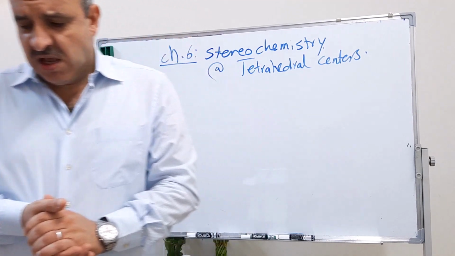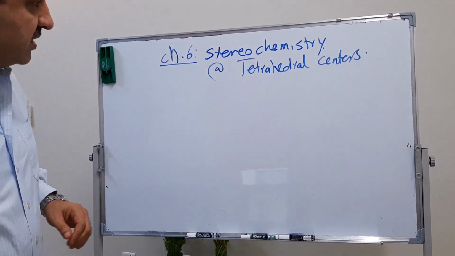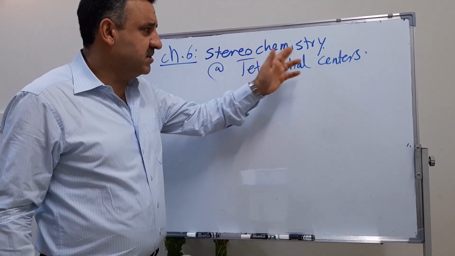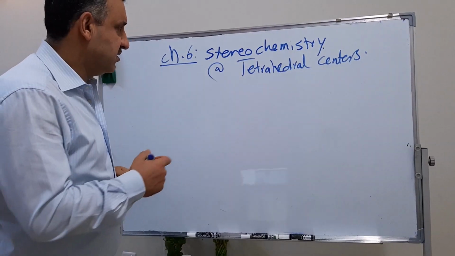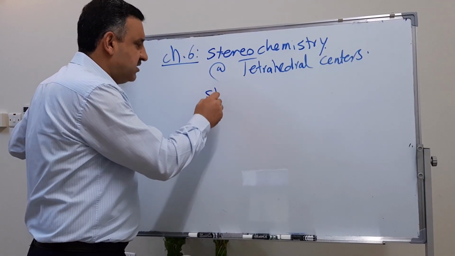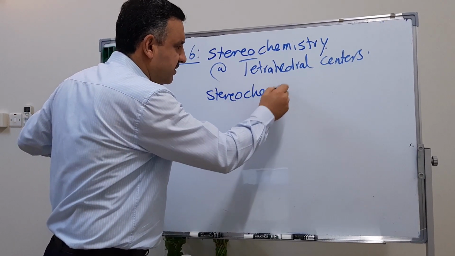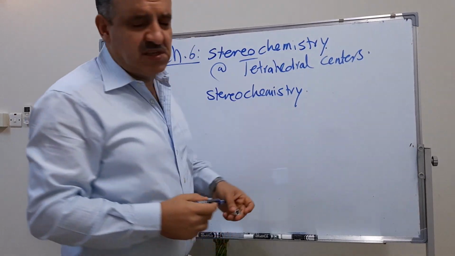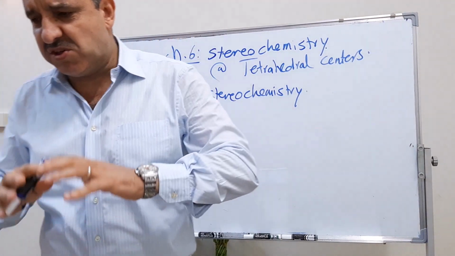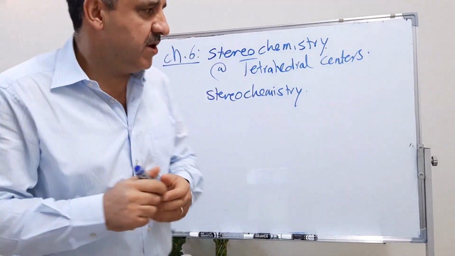9. Chapter 9 is about something called stereochemistry at tetrahedral centers. What is stereochemistry? Stereochemistry is the chemistry which deals with the three-dimensional view of a molecule.